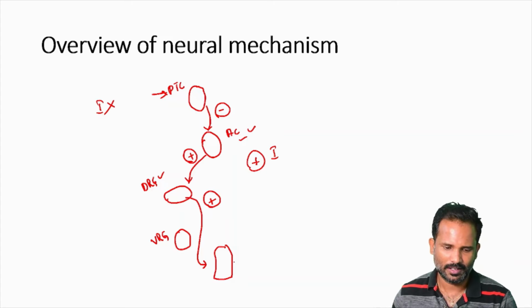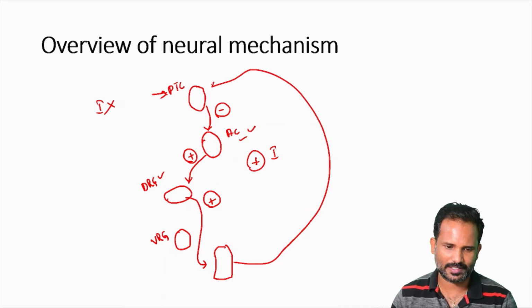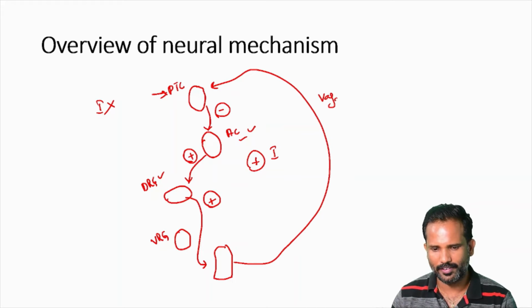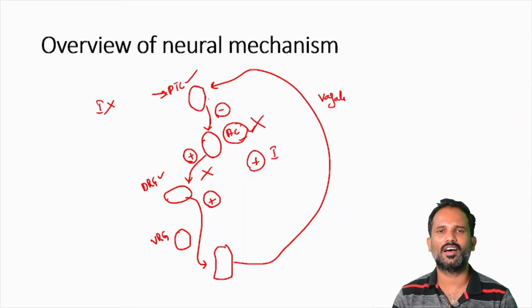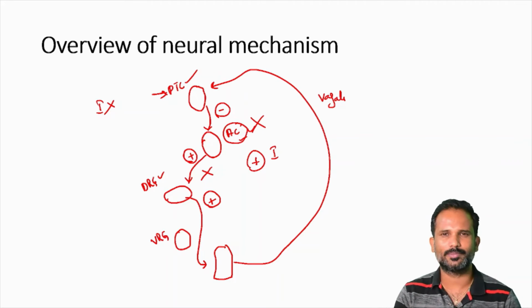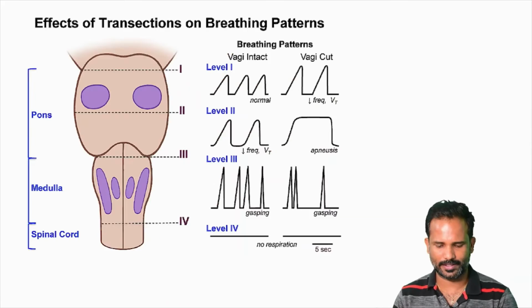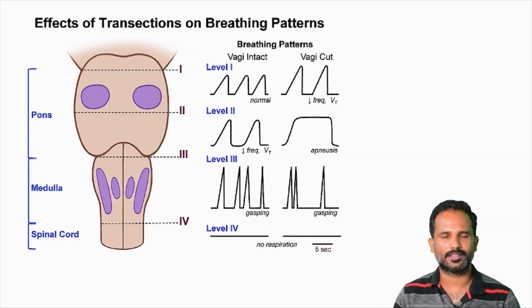Now, the information from the vagal afferents stimulates the pneumotaxic center. Now, the apneustic center is cut. So inspiration is cut. So this is how the neural mechanism acts with the help of Pontine centers, medullary centers and vagal afferents.